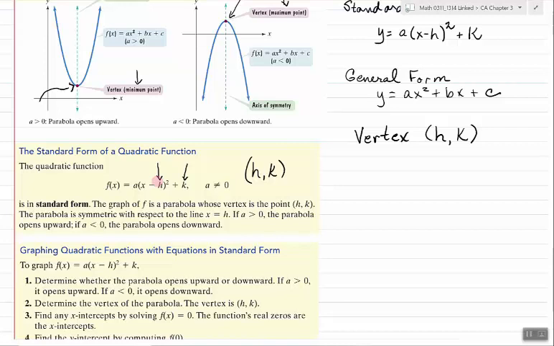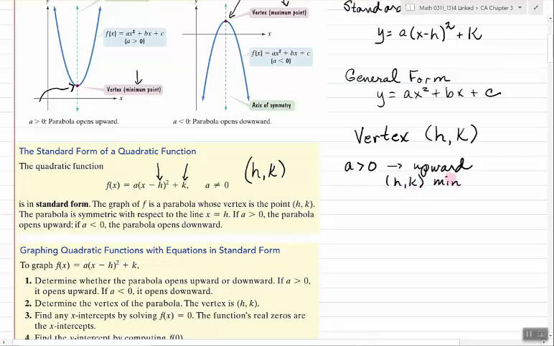In this one, if a is positive, then it's going to open upward, and so if a is greater than 0, which means upward, the vertex is still (h, k), and it will be a minimum.